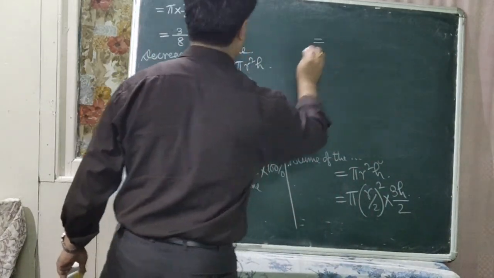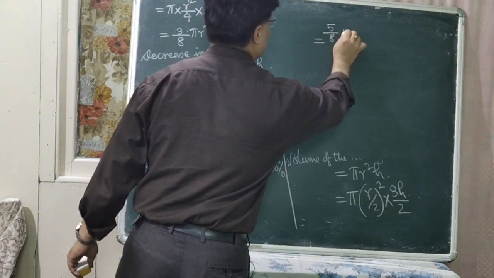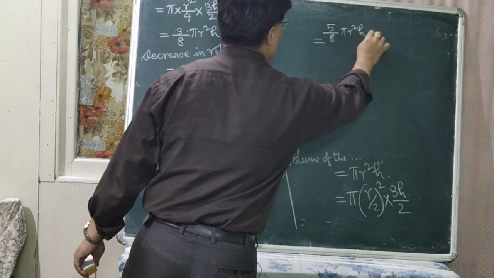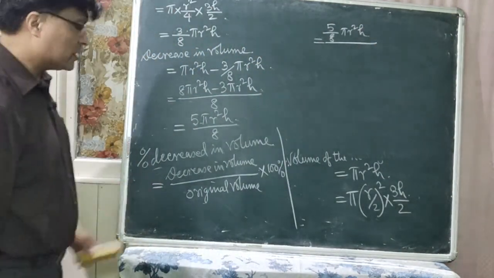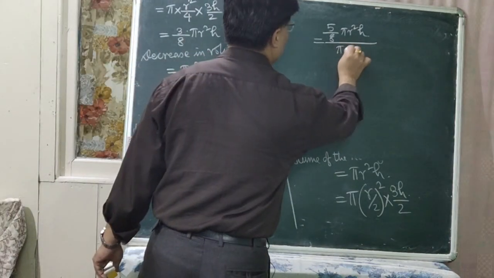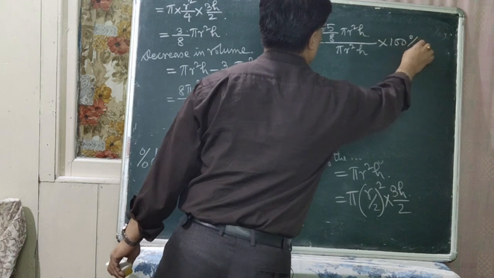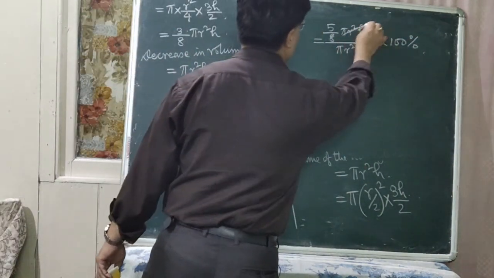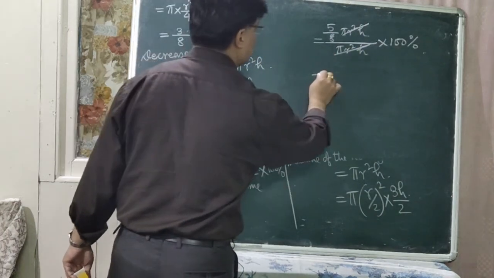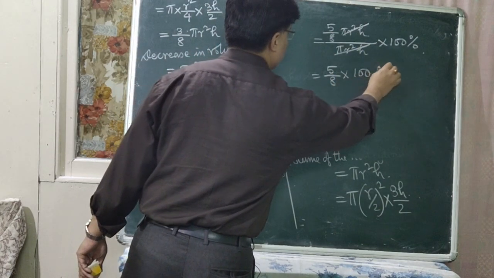So which is equal to, what is the decrease in volume? It is 5 upon 8 pi r square h divided by, this is the decrease in volume. What is the original volume? It is pi r square h into 100%. Understood? So next you can cancel it, pi r square h gets cancelled. So which is equal to 5 upon 8 into 100%.